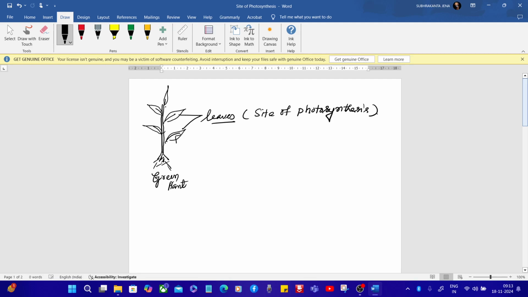If you take a section of this leaf, you will find some histological structures. Here there are different cells present. I am taking a section of a leaf. These will be elongated or somewhat larger cells.